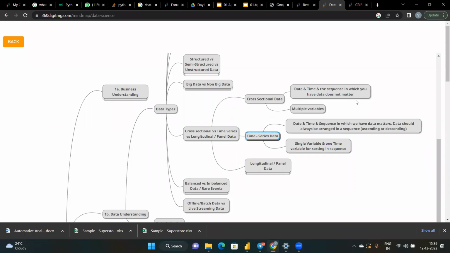Let me say it is data that is recorded over consistent intervals of time. What happens in cross-sectional data? It contains multiple variables, or several variables, recorded at the same time. So time series and cross-sectional, guys, I'm going to say the difference. Time series data is the data that is recorded over consistent intervals of time.